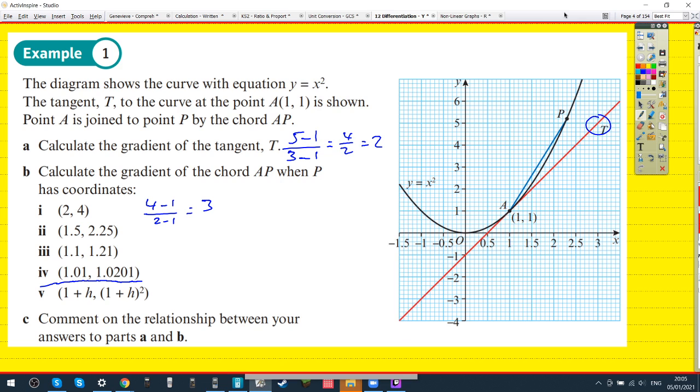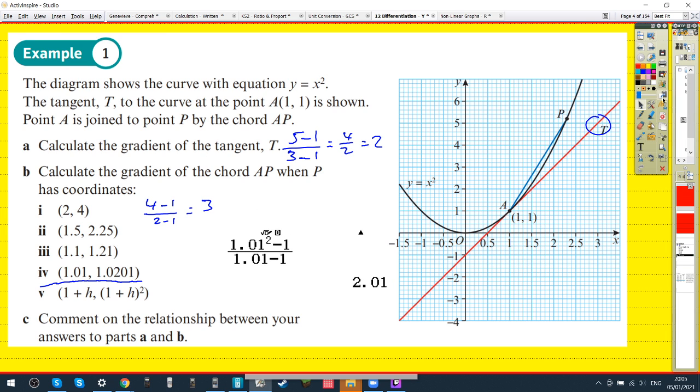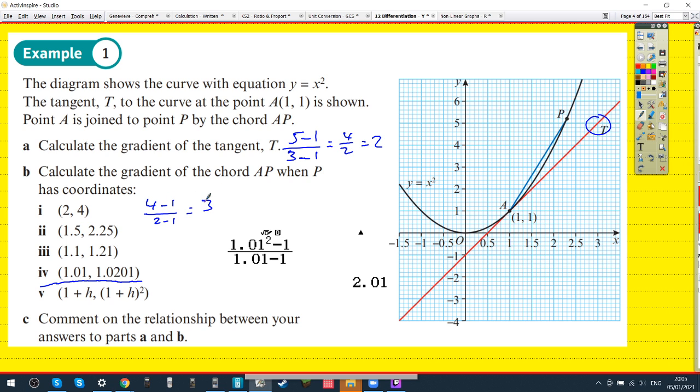2.01. Okay, so what happened? When we did AP, we got a gradient of 3. When we do all of these, we'll get like 2.5, 2.1. It's 2.01, and if it's a perfect tangent, it's exactly a gradient of 2. You see this curve, y equals x squared.